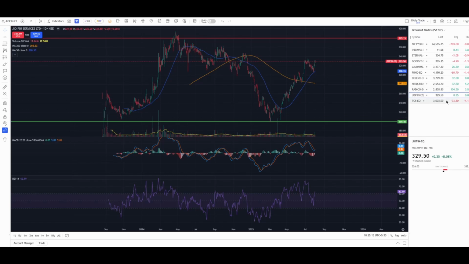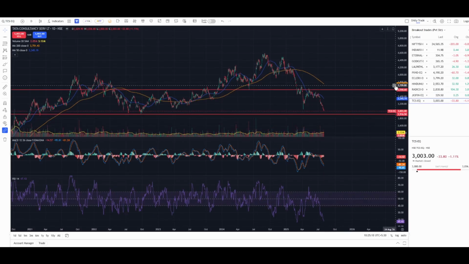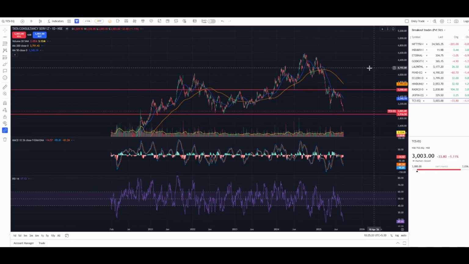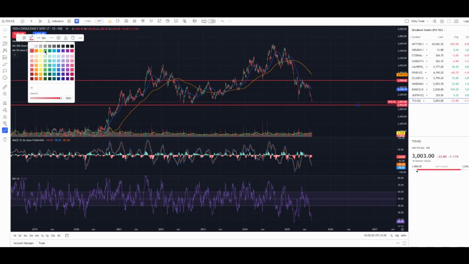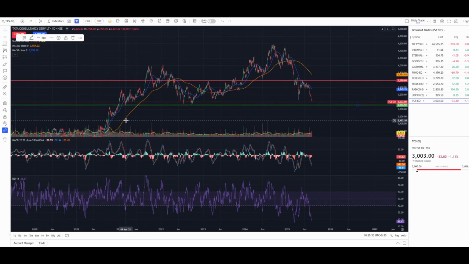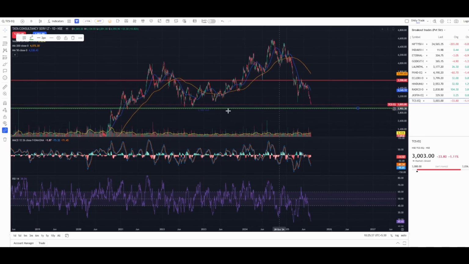Now, if you look at the chart of TCS, what is actually happening? You see this support line. The support line started from 21, right after COVID. That's where the IT sector got a little push.